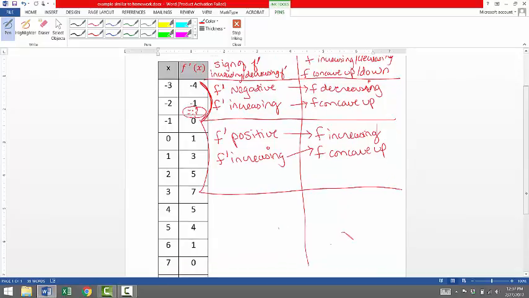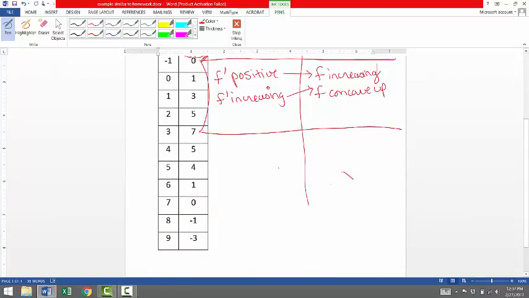Then another change occurs in our f prime values. The f prime value is starting at 7, and then it's 5, then 4, then 1, then 0. Those f prime values are still positive, but you see that they're getting smaller and smaller: 7, 5, 4, 1, 0. So the f primes are positive, but the f primes are decreasing.